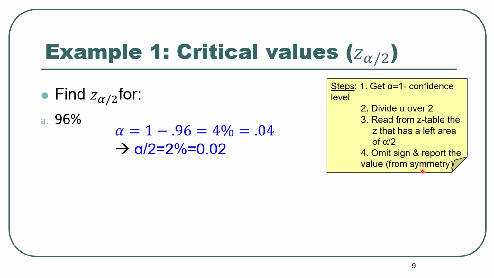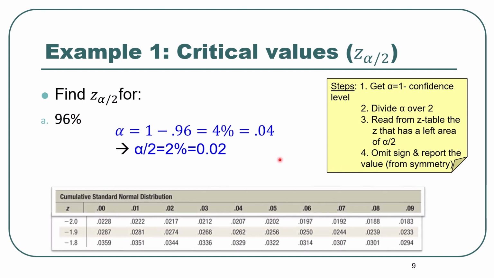So from symmetry, I'm going to read that negative value that has a left area equal to alpha over 2 and omit the sign. Let me enter my table with 2% left area and see what the value of z associated with that is.